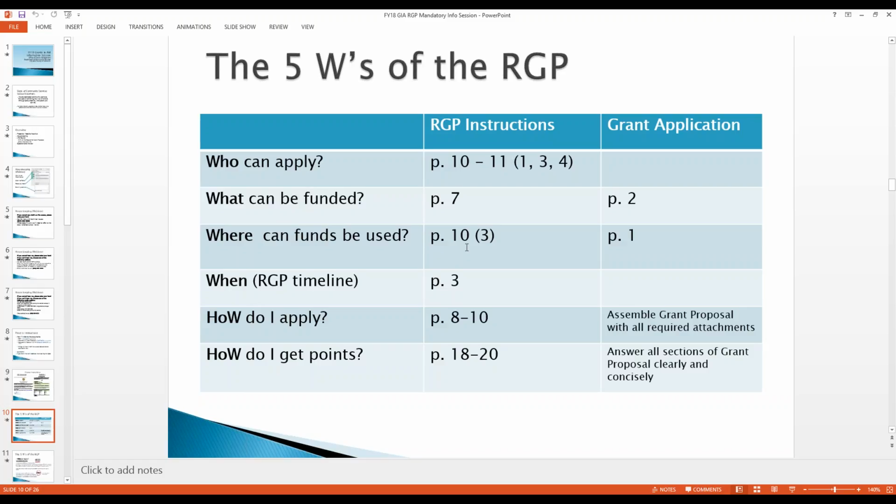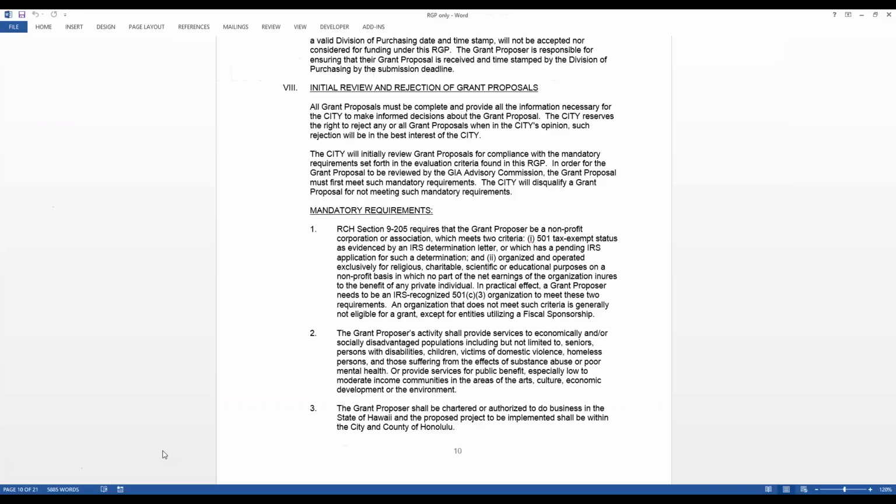You may also look at the slides, because my slides pretty much cover all the information. If you look at page 10-11 of the RGP instructions, and actually I have it ready right here, that's page 10, we're going to look at these mandatory requirements.